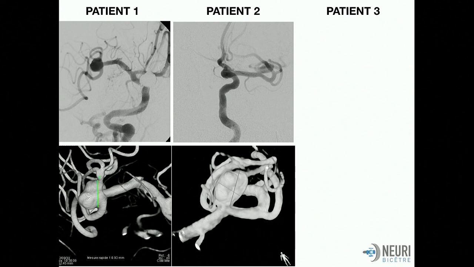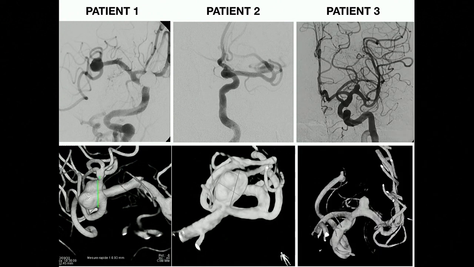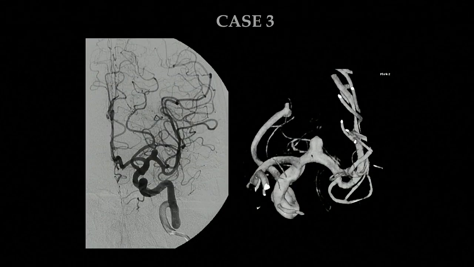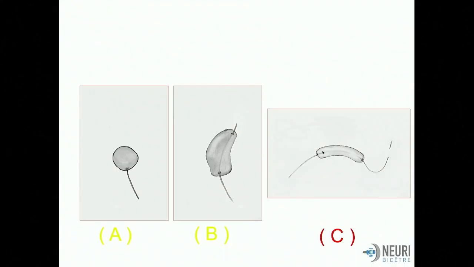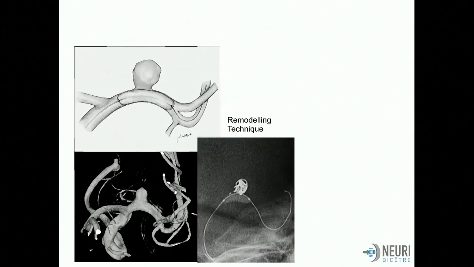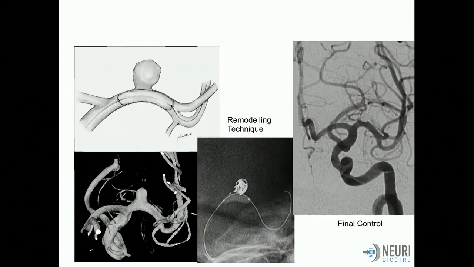This kind of balloon is used mostly for side wall aneurysm. This is the case, absolutely no neck. So you will be using this balloon. There are several available on the market. You inflate the balloon, you place the coil. When you deflate, you have a remodeling, and the coils are maintained within the sac of the aneurysm.